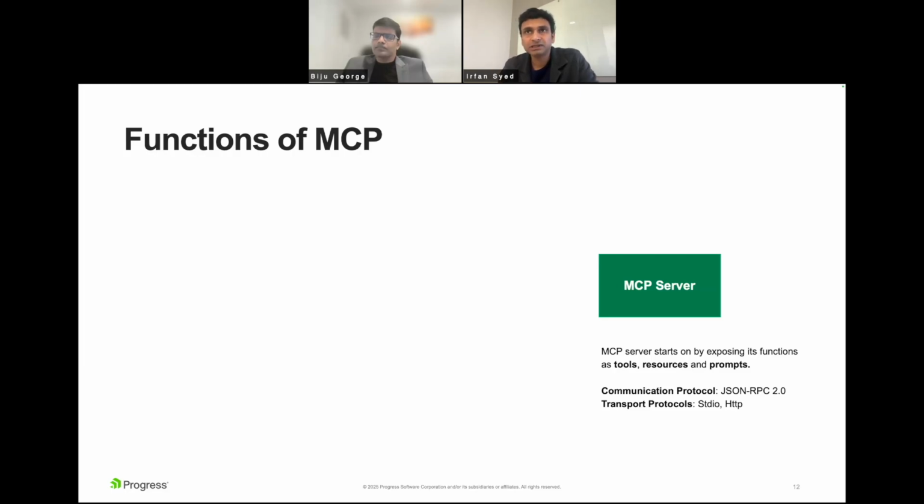STDIO is something that people use if you would like to build an MCP server on desktop-based applications where no network interaction is required. HTTP, on the other hand, is where you want to deploy your servers as enterprise solutions, and you would like to connect to them securely. For that purpose, you use HTTP as a transport protocol.